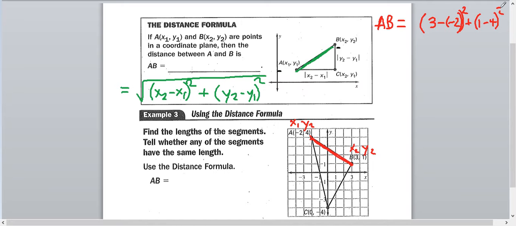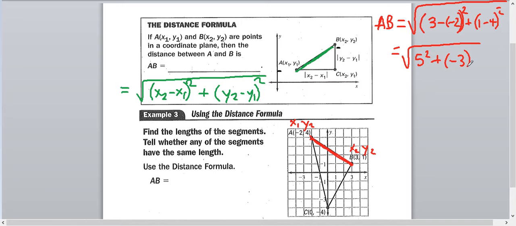So when I evaluate this, 3 minus a negative 2 is 5, so it's 5 squared, plus 1 minus 4 is negative 3, negative 3 squared.